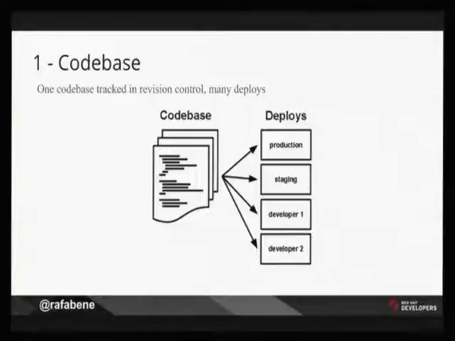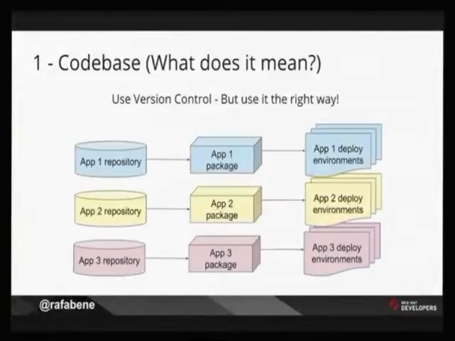The first one is called code base. The description of code base says, one code base tracked in revision control and many deploys. But what does that really mean? It means that every application will be hosted in its own repository.